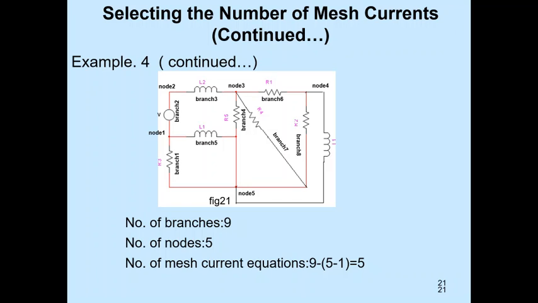See here, there are 5 loops possible here and we can take them as 5 meshes. So by taking the 5 mesh equations, we can solve this problem. So in this way, we are selecting the mesh currents.